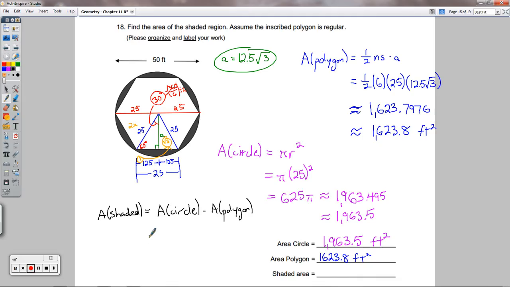So we know those values are approximately 1963.5 minus 1623.8, so that is going to be approximately 339 feet squared. So I'll put that down here. So that would be my final answer, shaded region, but we're looking for all three parts written in here.